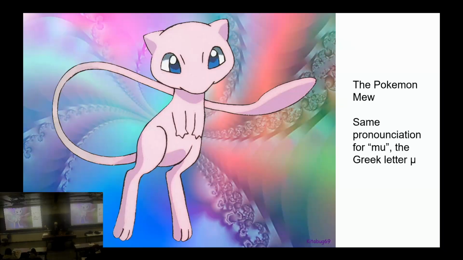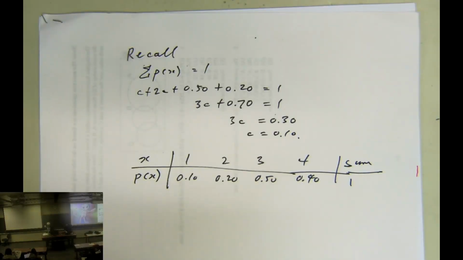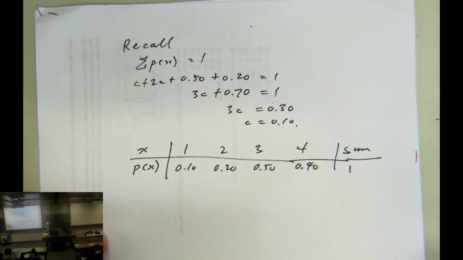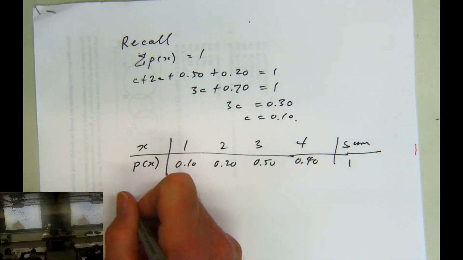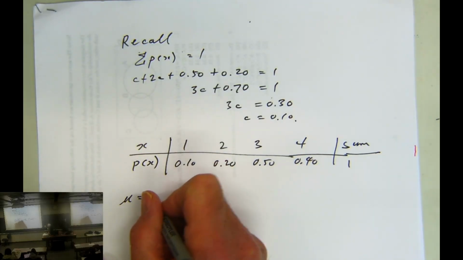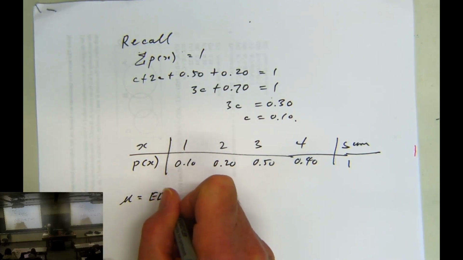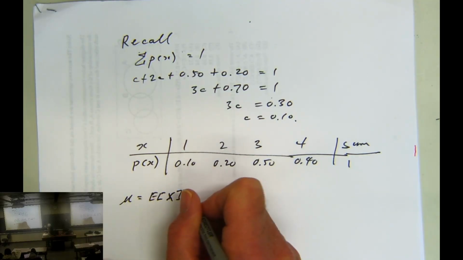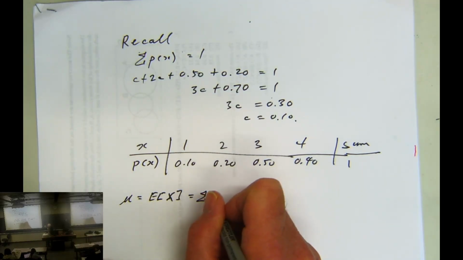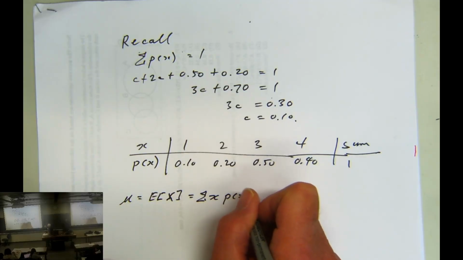Before we do that one, let's just go to our paper for a moment. Let's get that expected value mu, which is the expected value of x, equals the summation of x times p of x.